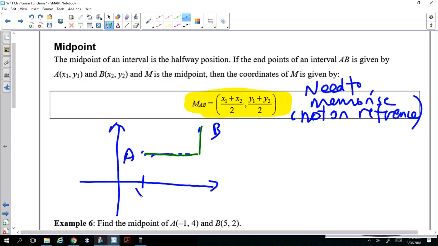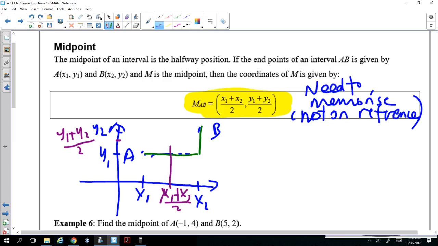So the middle is the average of the two x values. And the middle of the y is y1 plus y2 over 2. So that gives you the middle, okay? The middle between the 2 points. Okay, so if you average the x, average the y, that gives you the middle. That's called the midpoint, which we denote with capital M, midpoint.